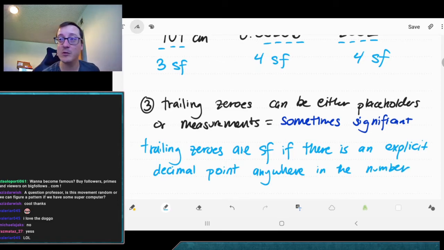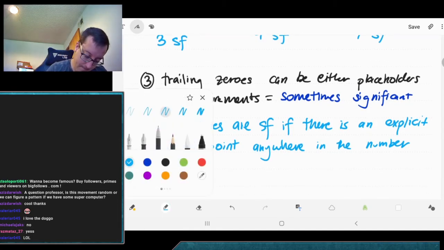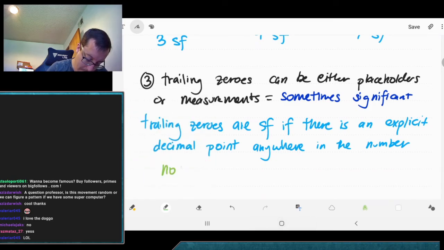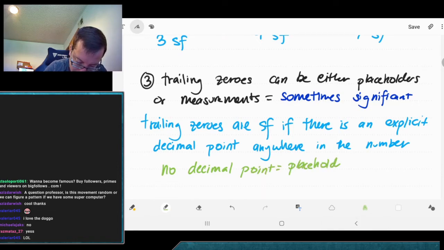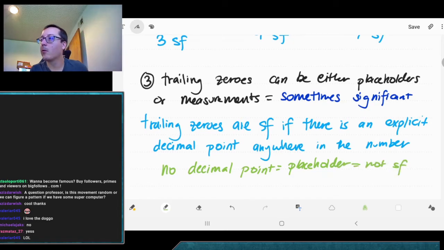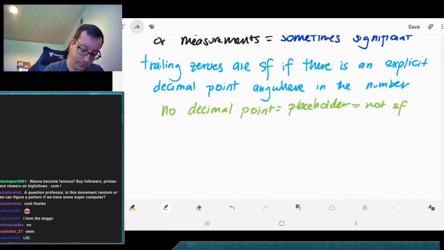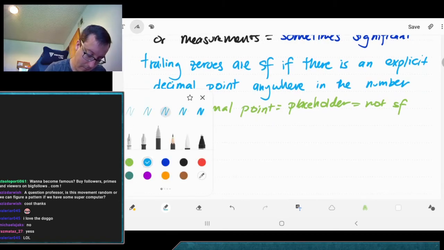Otherwise, if you do not have a decimal point, they are placeholders. And we'll take a look at what that means.